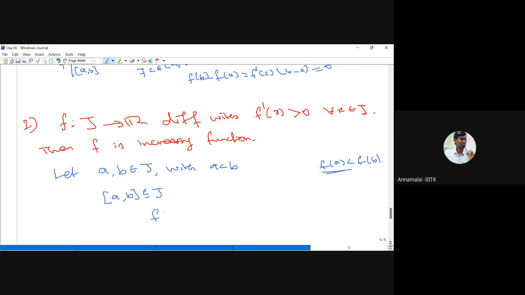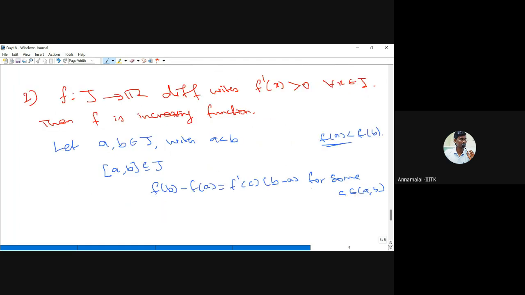What you will get is f of b minus f of a equals f dash of c into b minus a, for some c in the open interval a, b, by the mean value theorem. Now b minus a is the length of the interval, which is always positive.